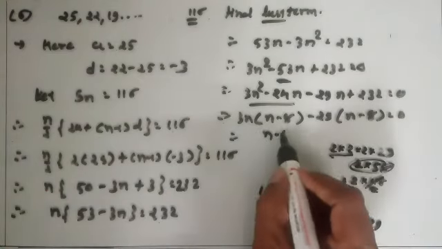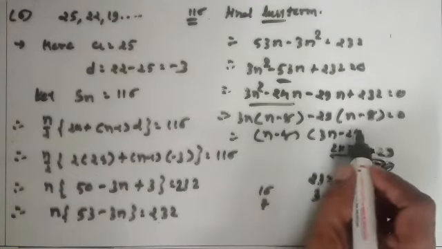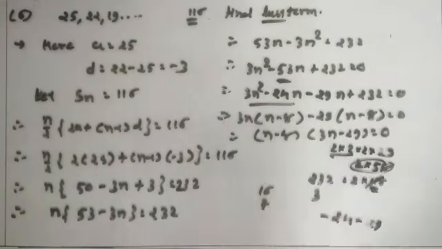Now n minus 8 taken common, so 3n minus 29 is equal to 0.